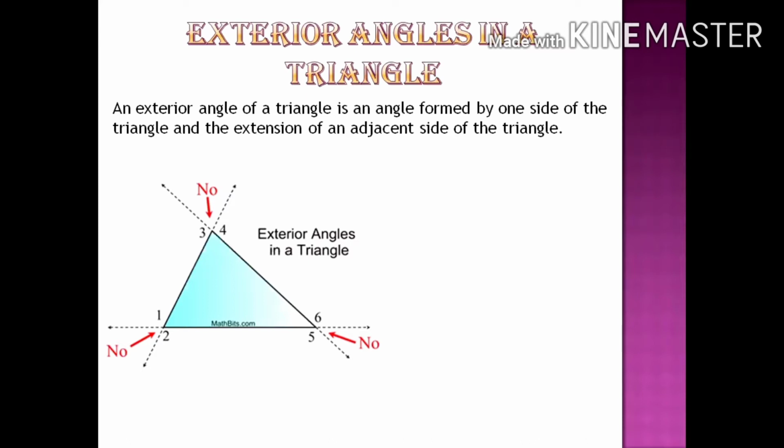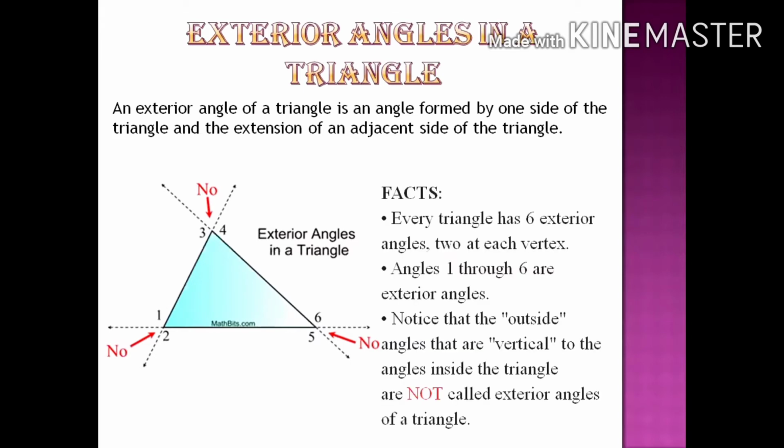There are a few facts about the exterior angles. Let us see what those facts are. Every triangle has 6 exterior angles, 2 at each vertex. Angles 1, 2 through 6 are exterior angles, which are shown in the figure.